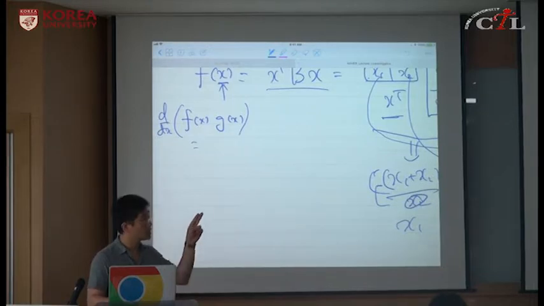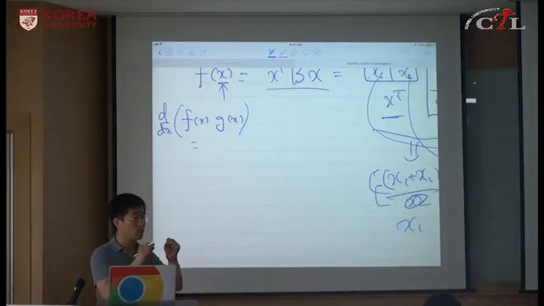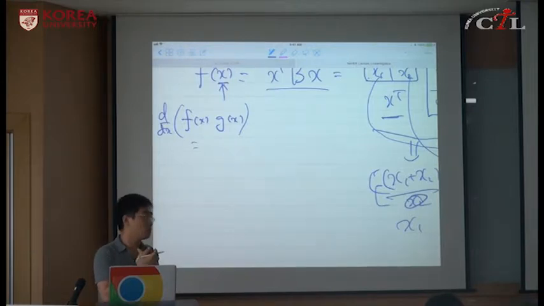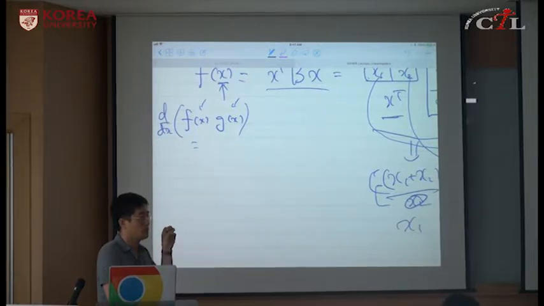If our function is in the form of a product of multiple different functions, f and g and so on, similar to computing the partial derivative, we consider only one part as containing the x and the other part as just a constant.